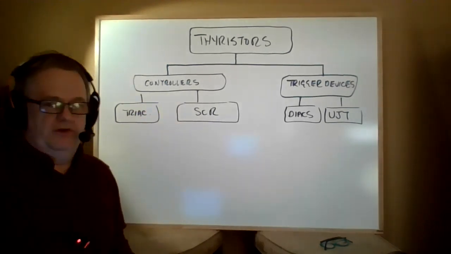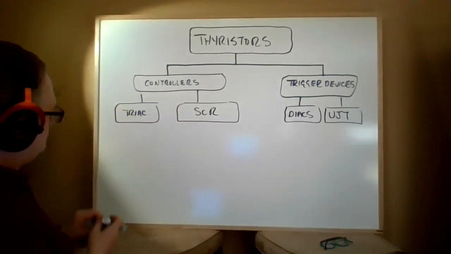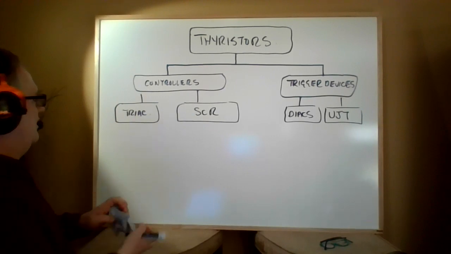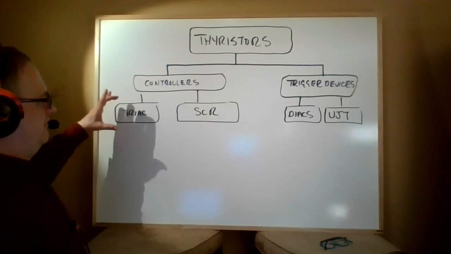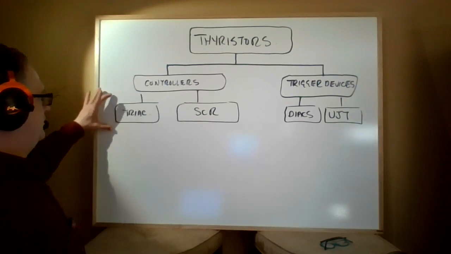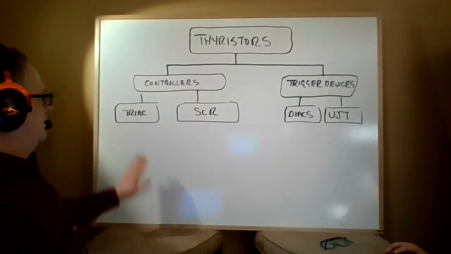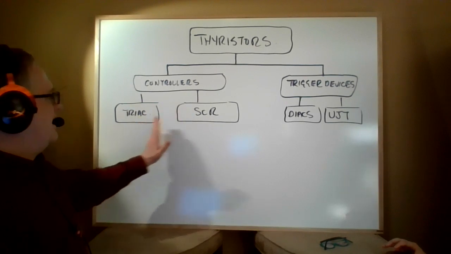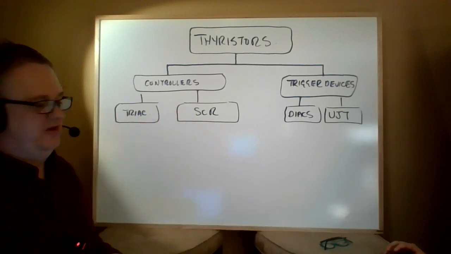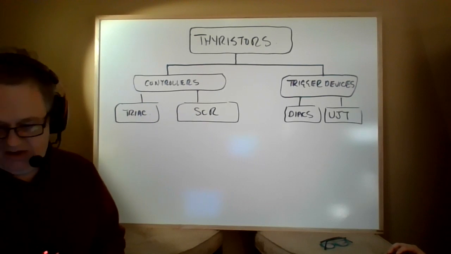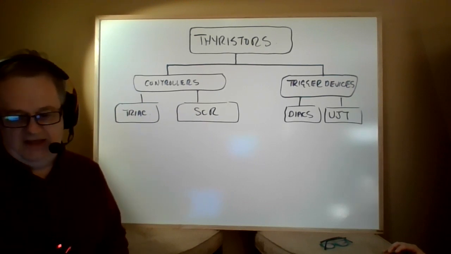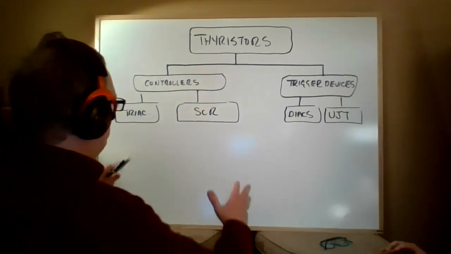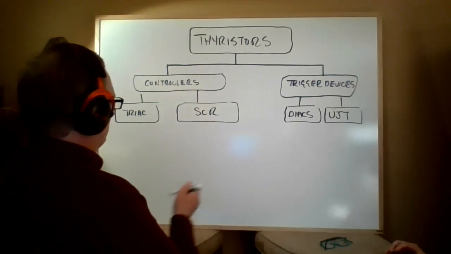Now, the triac is a very interesting component. It's pretty much purpose built for a certain sort of amount and class of current. There are a lot of similarities between triacs and SCRs. I'm going to explain that to you later. But right now, what I want to do is show you how the SCRs are separated sort of by purpose.